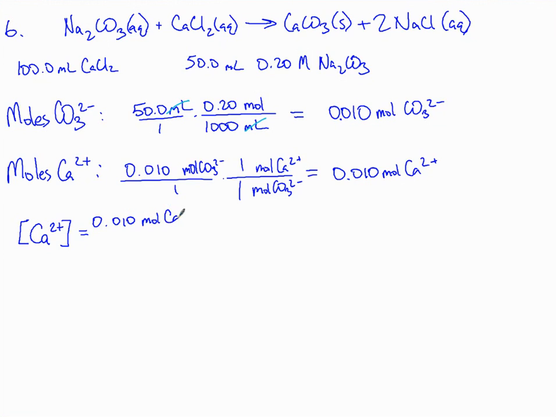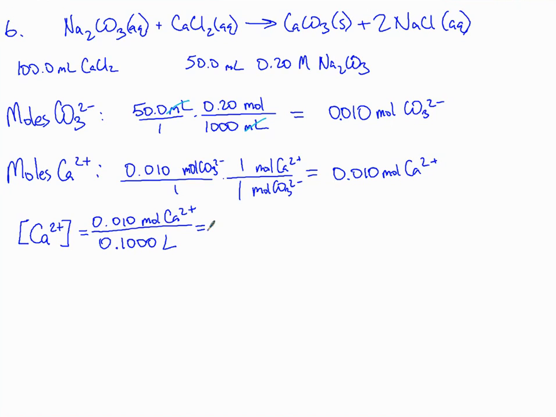So we have moles of calcium ions divided by what our solution is going to be. So we're looking at the original solution of calcium. We want to know how much the concentration was originally. And it had 0.1000 liters. So 0.01 divided by 0.1.